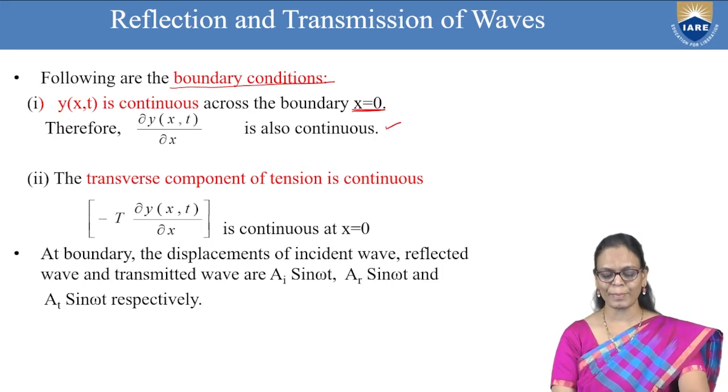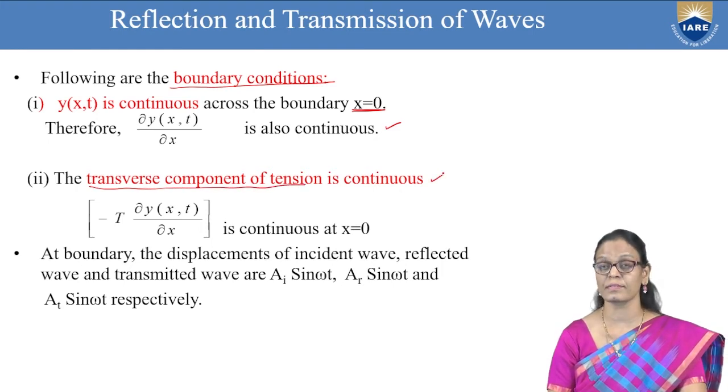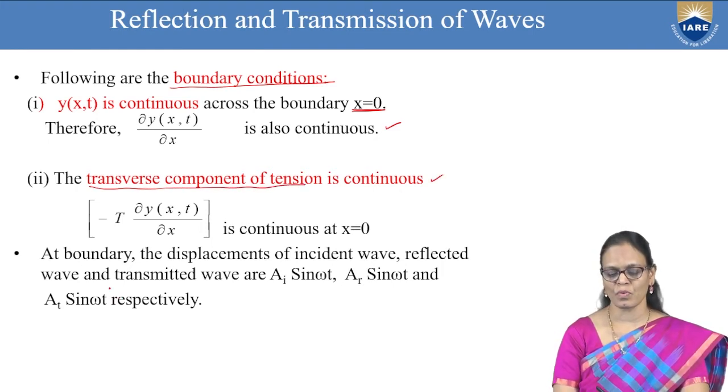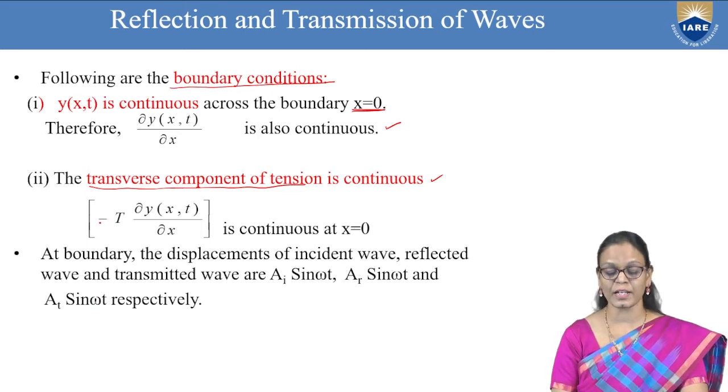Now coming to the second boundary condition, the transverse component of tension is continuous. So y(x,t) is continuous and the transverse component of tension, which we take as minus T dou y by dou x of (x,t), is continuous at x is equal to 0.